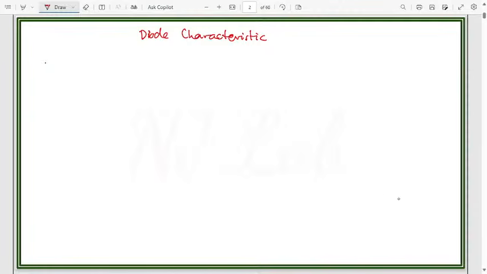So if we talk about the diode characteristic, if I draw, this is ID, this is VD. If this is our diode, this is the P side, this is the N side, means this part is P type material and this part is N type material.